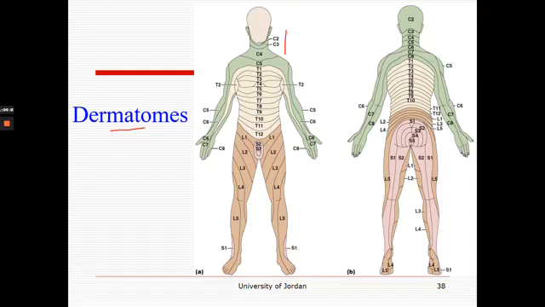So if you talk about C8, T1, T2 here, this is where the heart develops as soft tissue, as connective tissue, from mesoderm, and this is also what supplies the hands. So the heart comes from C8, T1, T2, and the medial aspect of the hand is supplied by C8, T1, T2 nerves, the same segments from which the heart develops.